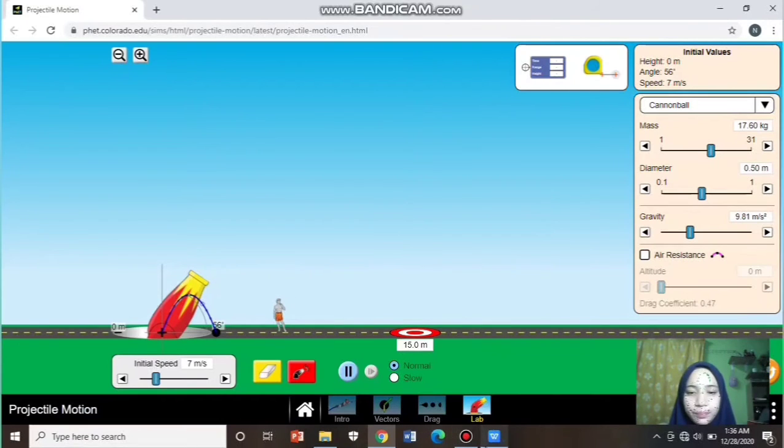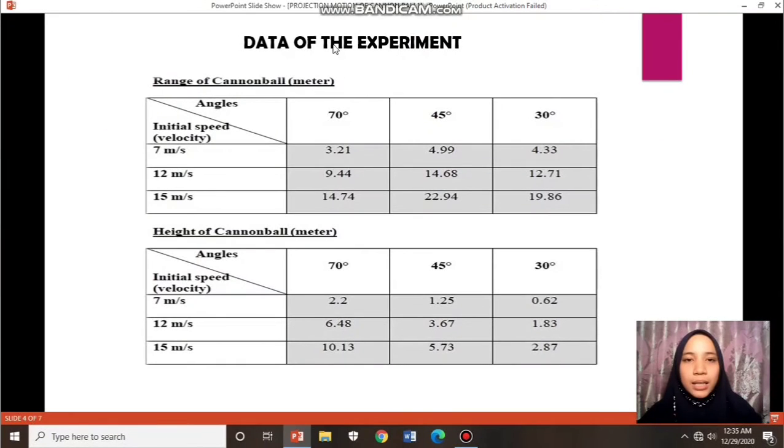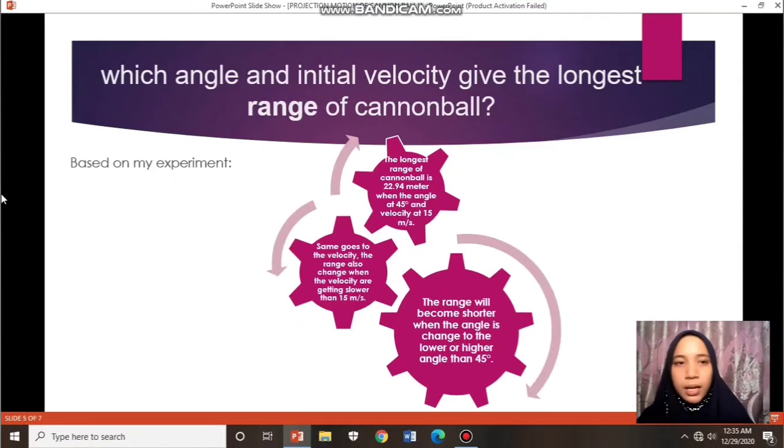Okay, this is the data I have done before. Okay, we can see I use the different angle and different initial speed, and I get the range of cannonball and the height of cannonball. Based on the data, which angle and initial velocity give the longest range of cannonball?